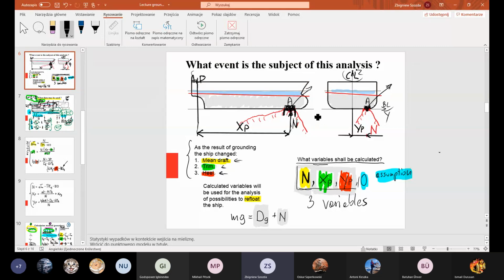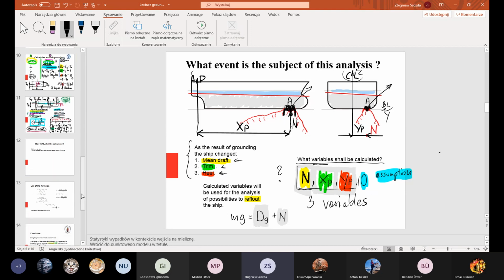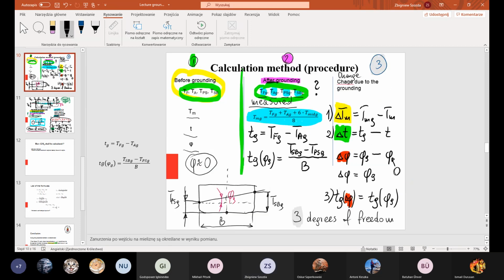The question is what such a weight should be, and what its center of gravity should be, described by 3 numbers, in order to observe the same change of mean draft, the same change of trim, and the same change of angle of heel that has been measured after grounding.